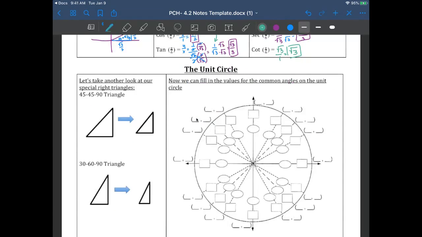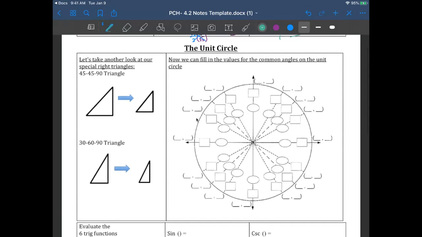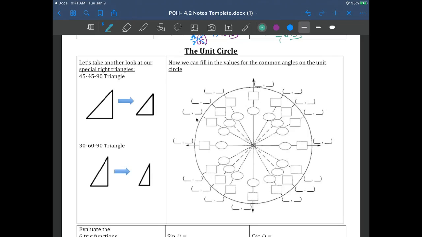We're going to look at the unit circle. You should have already filled one of these in during class. So if I have a 45, 45, 90 triangle, or pi over 4, pi over 4, pi over 2 triangle, we know the rule is x, x, and x square root 2.